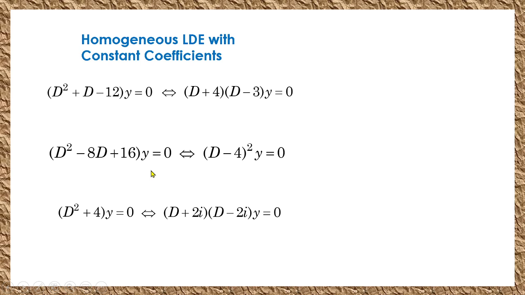We are allowed to read it as an exponent, but bear in mind it means order and not an exponent, okay? And then we also had in the example D squared plus 4 applied to y equal to 0, and that is equivalent to D plus 2i, D minus 2i applied to y equal to 0, where i here is an imaginary number.